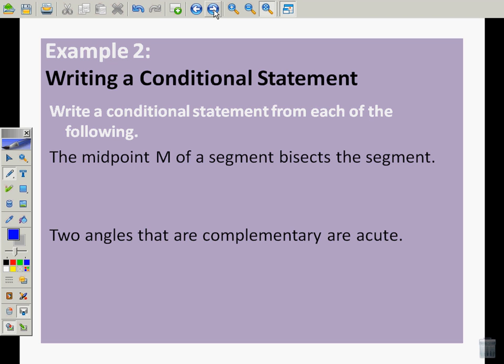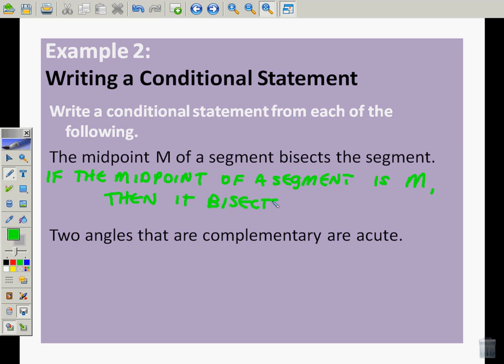So if I was going to write this as a conditional, which is a conditional in and of itself, I would say if the midpoint of a segment is M, then it bisects the segment. Okay? Notice how I turned that into a conditional. If the midpoint of a segment is M, then it bisects the segment.